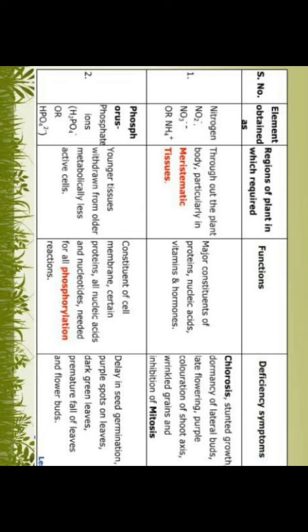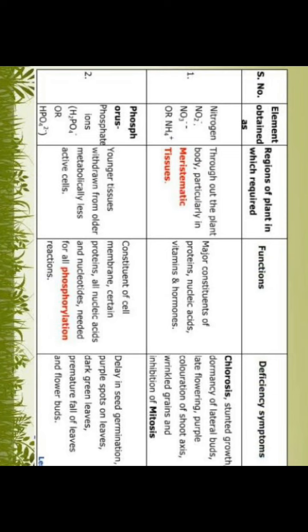Serial number 1, nitrogen. The available forms are NO2 minus, NO3 minus or NH4 plus. Region of the plant in which required: throughout the plant body, particularly in meristematic tissues.